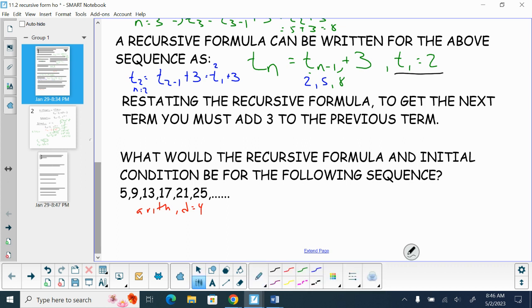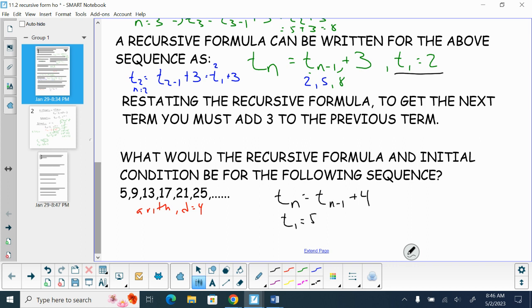So if we take a look now to find some nth term, n, what do we do to the previous term to get to our next term? We add 4. So we have Tn equals T of n minus 1 plus 4. And then we also, once again, need to get our first condition here.